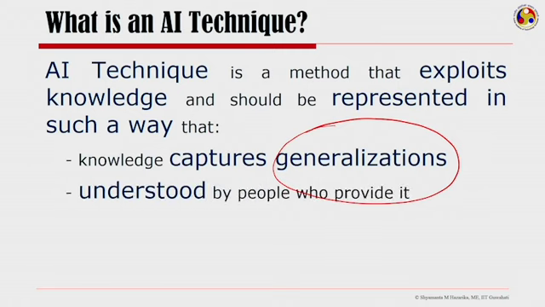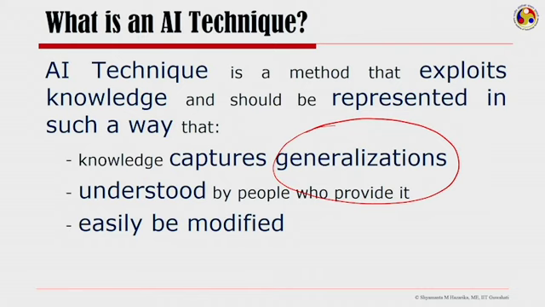The next important thing that an AI technique exploits is knowledge that is understood by the people who provide it. Another important characteristic is that the knowledge provided needs to be easily modified. When I say knowledge needs to be easily modified, what I mean is that the knowledge needs to be worked on by some system to create new knowledge.